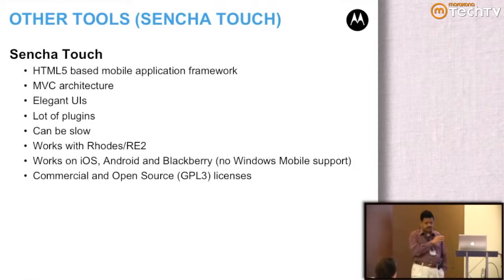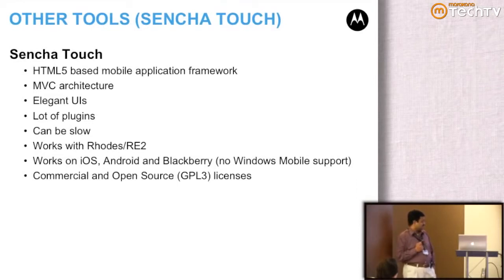So, if you are using this with Rhodes or RhoElements, do not confuse it with the MVC that Rhodes itself supports, but this is another MVC just for your JavaScript. The one thing that I like about Sencha Touch is the UIs that it produces, they look really elegant. So, this might be a good option for some of the enterprise applications.